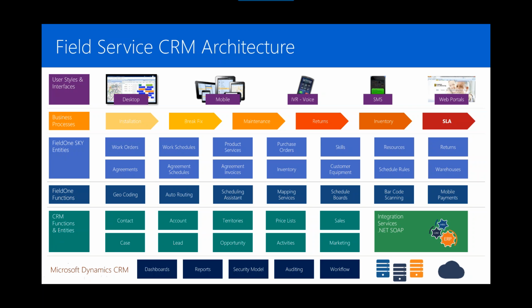What Field Service provides is work order schedules, which allow us to schedule jobs, the ability to track products used on a job and raise purchase orders, and the ability to schedule jobs based on a resource's skills, location, and the time preferences of when that job or work order needs to be done.